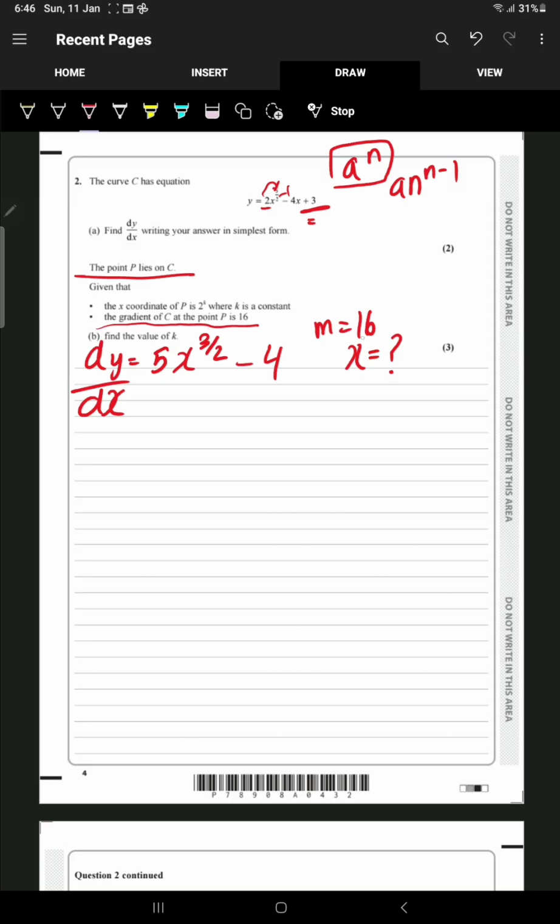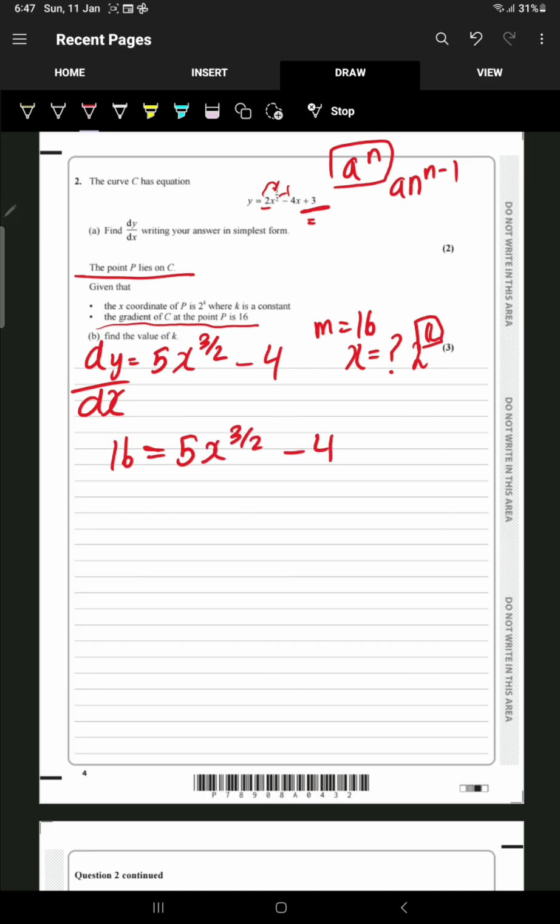Which can be written as 2 to the power of k, and then we have to find the value of k. So you have to substitute dy by dx equal to 16. This dy by dx equation is 5x to the power of 3 over 2 minus 4.